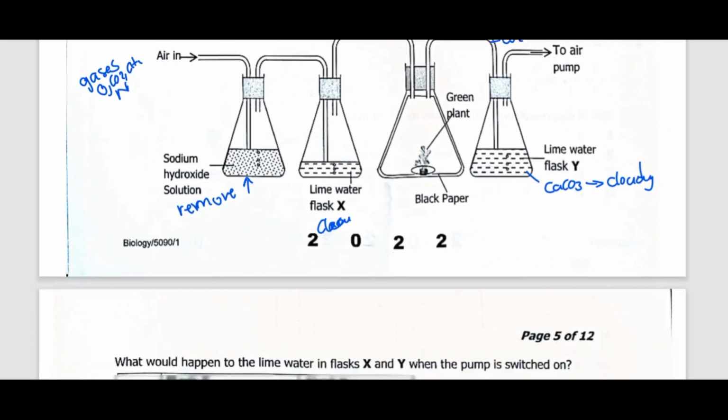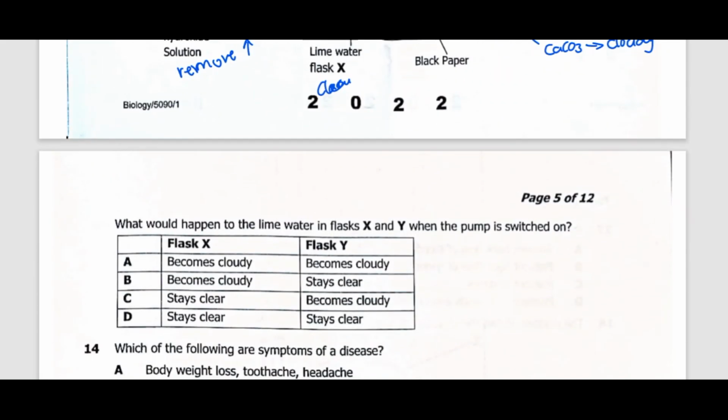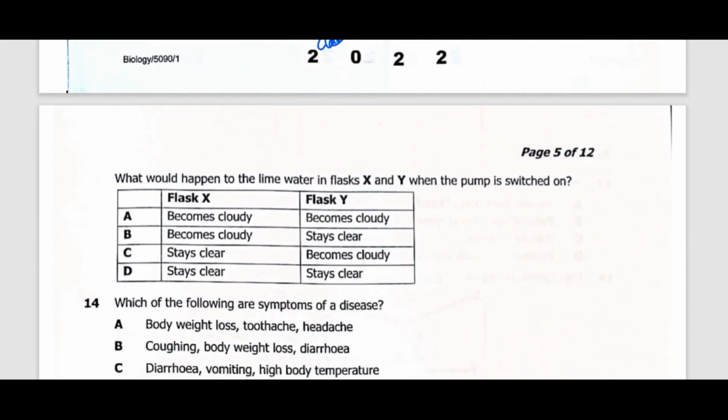So let's look at the question. What would happen to the lime water in flasks X and Y? We know that flask X will stay clear. Then Y becomes cloudy, since the plant produces carbon dioxide.